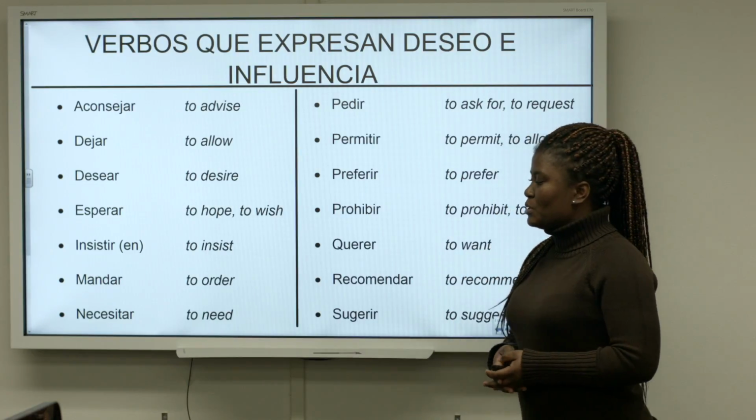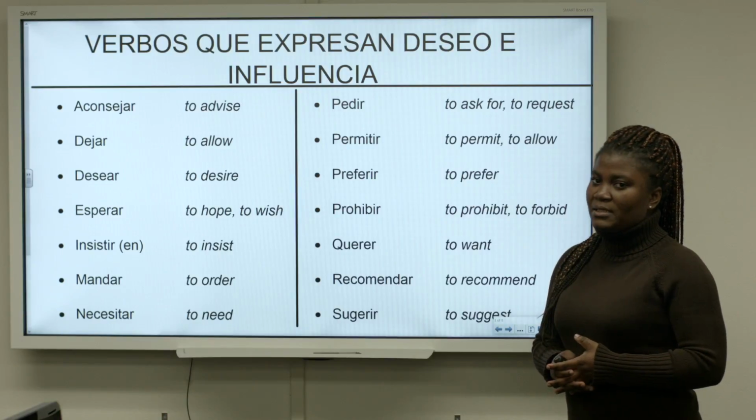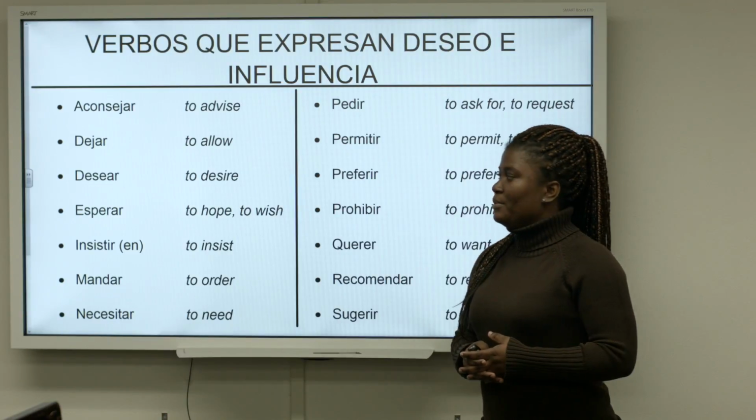Now we have examples of verbs which are used with the subjunctive to express desire and influence.